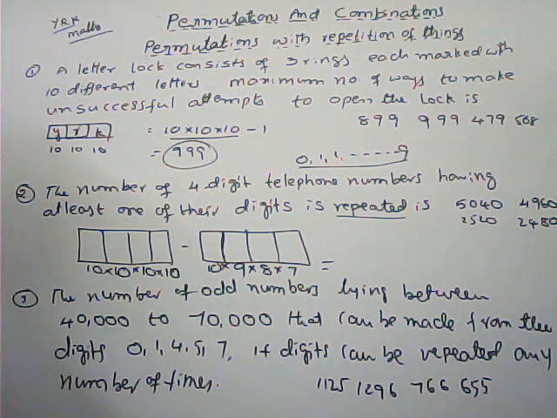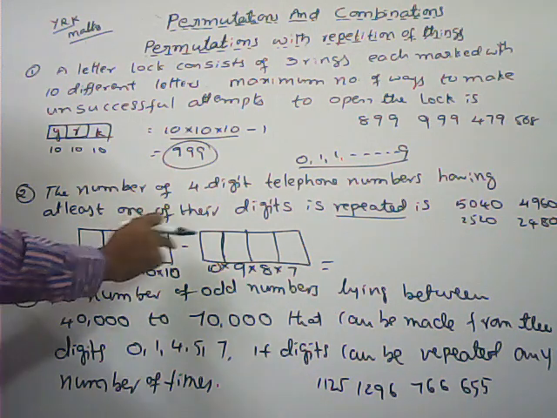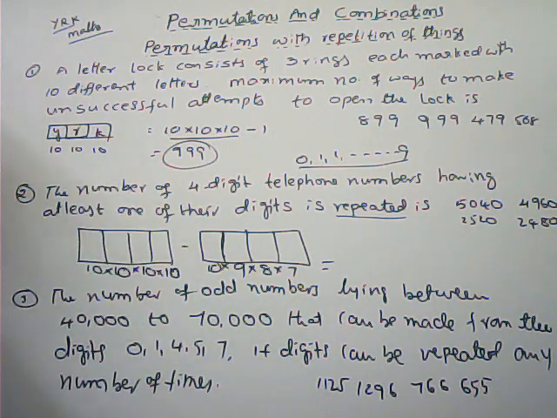And see the result. Why? Because here all are mixed. None of the digits is repeated, or at least one digit is repeated. Everything is there. If I subtract from all these the case where none of the digits is repeated, you can get at least one of the digits repeated.